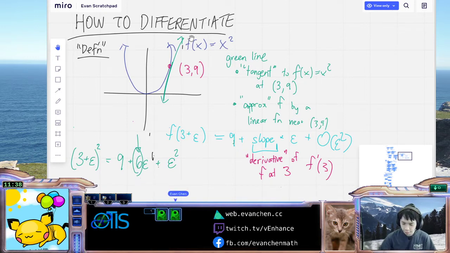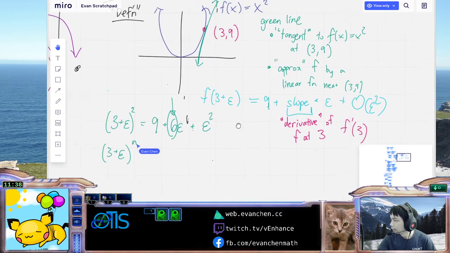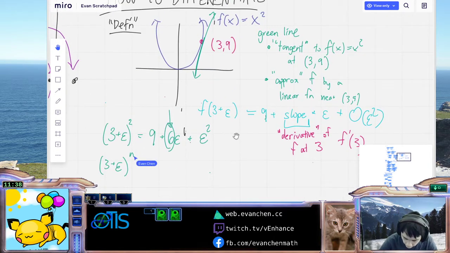And more generally, if I do this with n instead of 2, by the binomial theorem, you'll have 3 to the n, and then 3 to the n minus 1 times n choose 1 times epsilon, plus lower order terms.